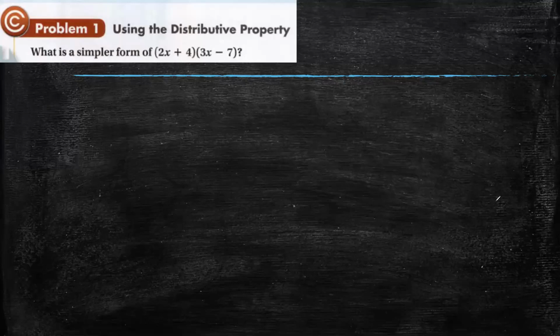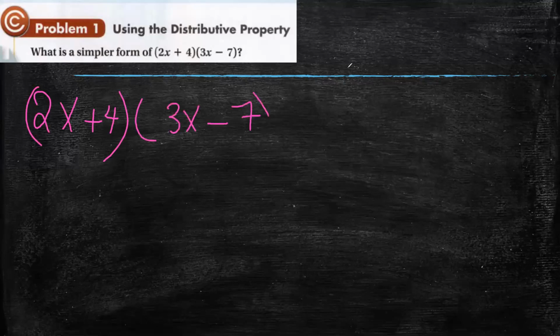Here we have 2x plus 4 times 3x minus 7, and I have to multiply them. The first step is to multiply 2x by 3x and then 2x by negative 7.